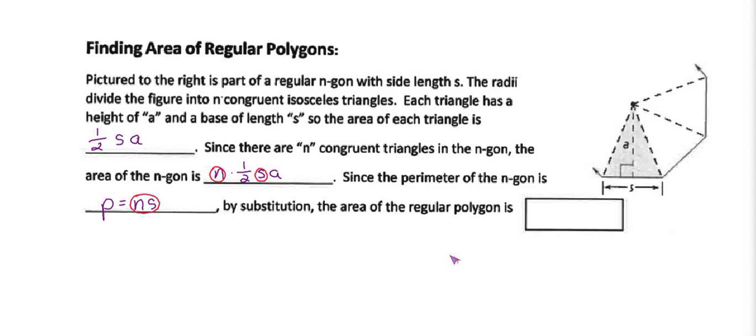So my final formula for area of a regular polygon is 1/2 times the apothem times, instead of n times s, the perimeter. So area of a regular polygon is 1/2 the length of the apothem times the perimeter.